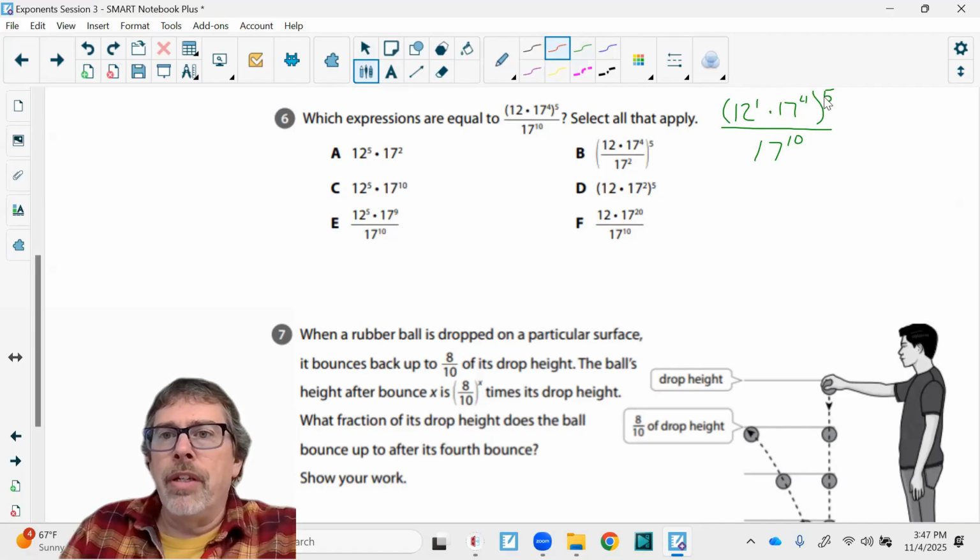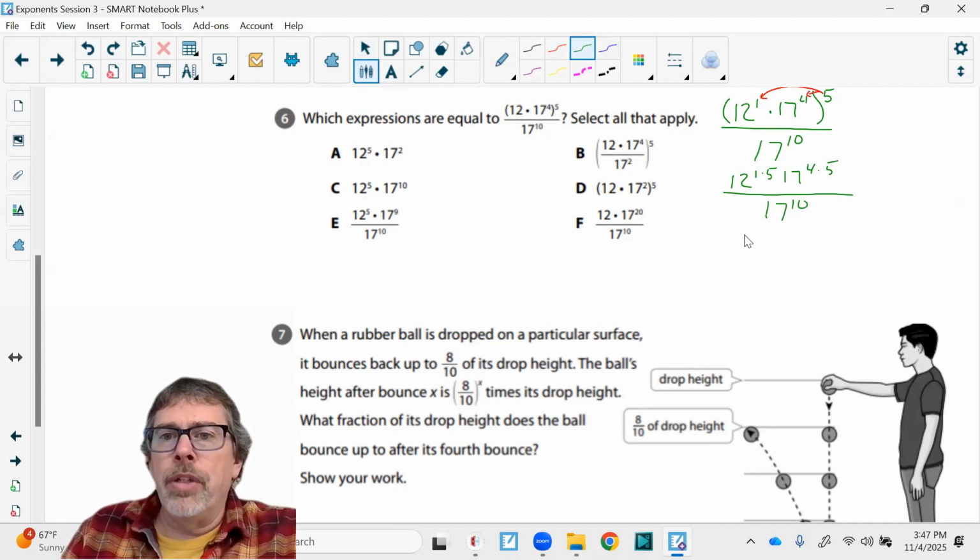So when we're doing this, we want to distribute our 5 throughout the parentheses, but the parentheses do not include the denominator, so this is all we're going to do. I'm going to show all my steps, and the power rule is multiply. So this is going to be 12 to the 1 times 5, 17 to the 4 times 5, all divided by 17 to the 10th.